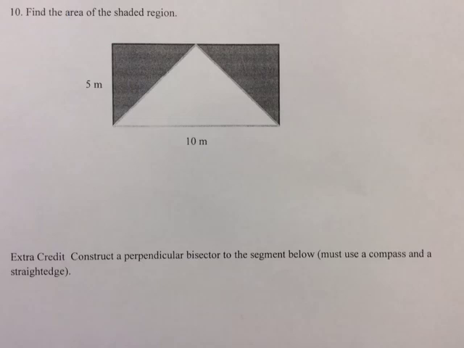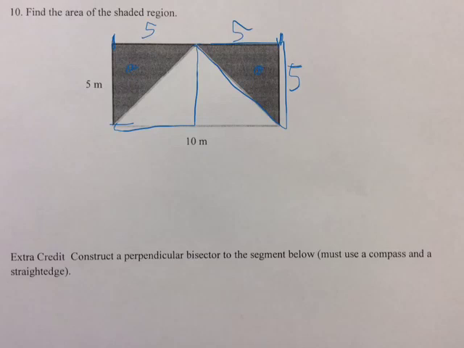So, alright, to find the area of the shaded region, this one's going to be 5. We know that this whole side, from here to here, is 10. So half of this would be 5. So if you can imagine, I'm going to take this triangle, and since this triangle is the same as this one, really when I put them next to each other like this, what I have is a square.